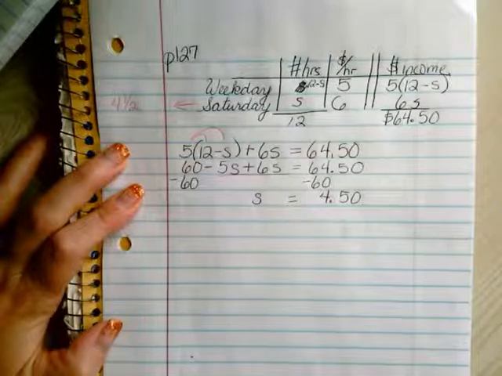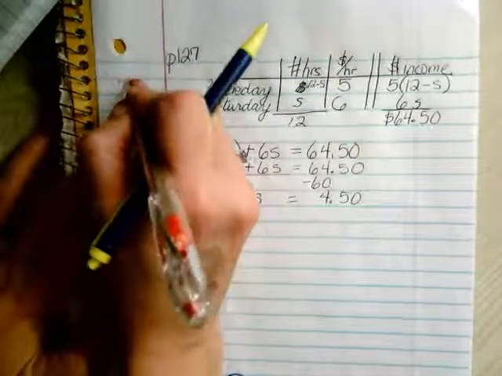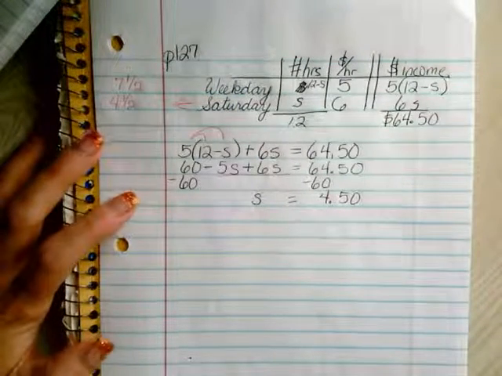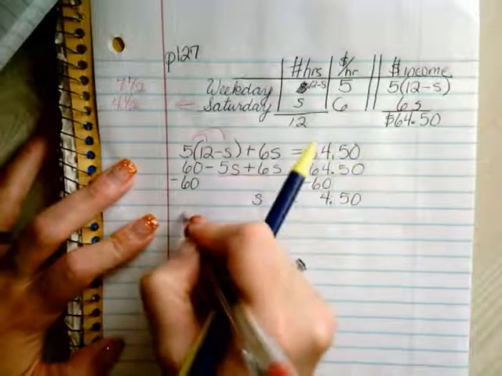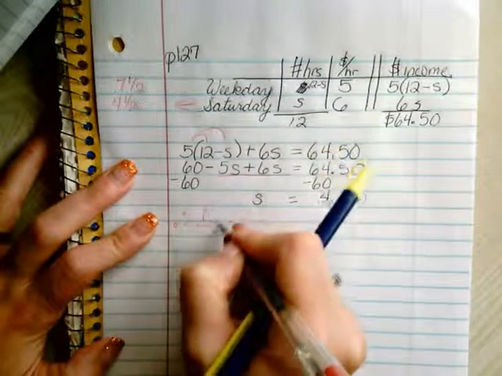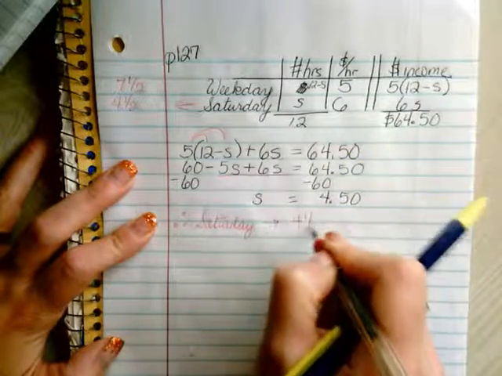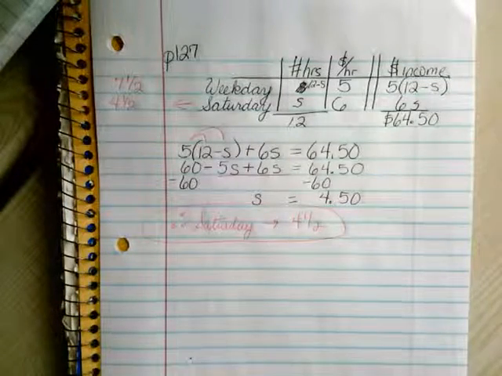How many did she work during the week? Well, it's the difference of that and that, which is what, 7.5? They didn't actually tell us to solve it, but now you can. How many hours did she work on Saturday? Saturday, she worked 4.5 hours based on all that calculating. Good?